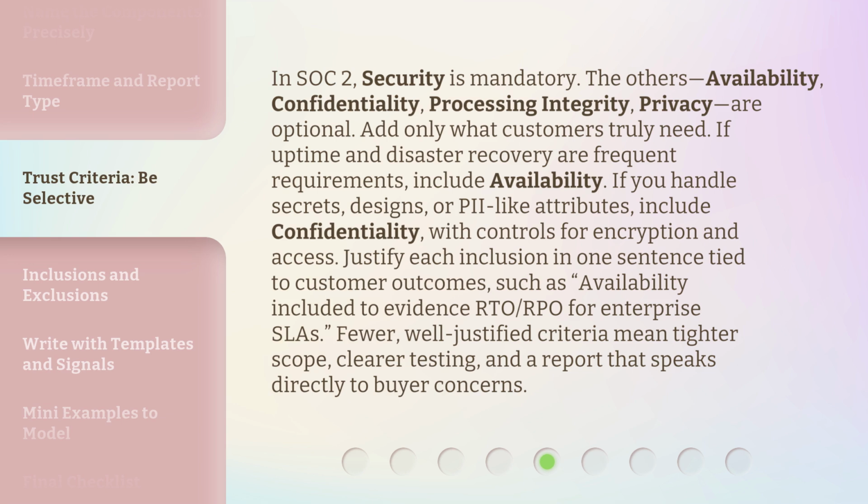If you handle secrets, designs, or PII-like attributes, include confidentiality, with controls for encryption and access. Justify each inclusion in one sentence tied to customer outcomes, such as availability included to evidence RTO, RPO for enterprise SLAs. Fewer, well-justified criteria mean tighter scope, clearer testing, and a report that speaks directly to buyer concerns.